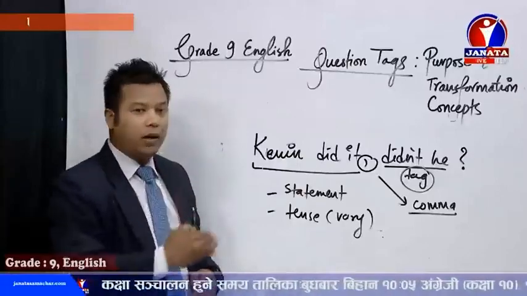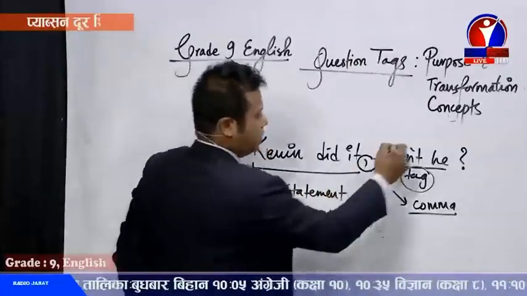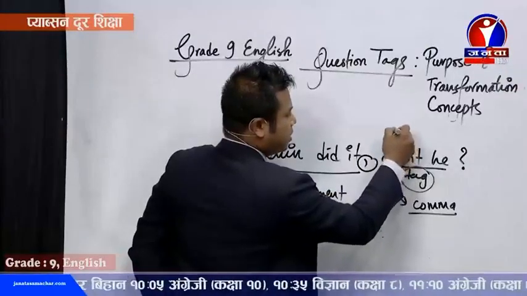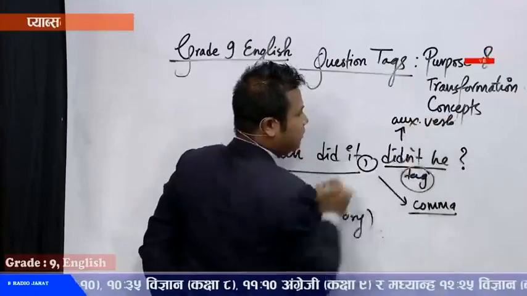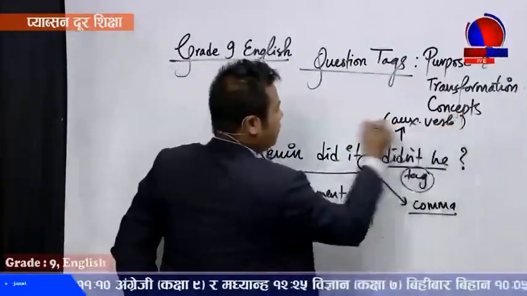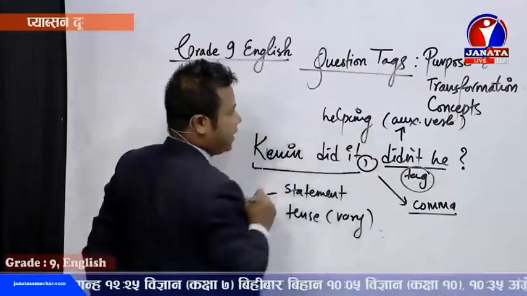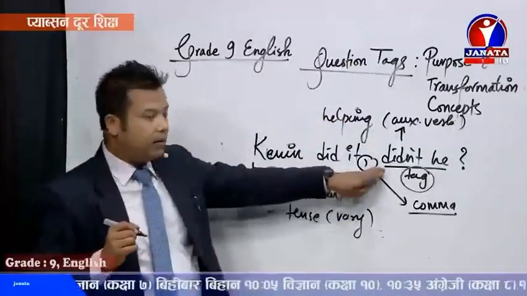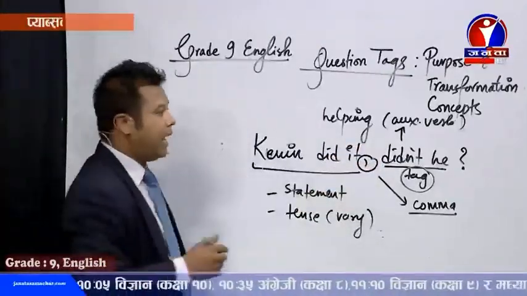We will be exploring them too. But in a tag, what do you need to notice? You first need to notice we always use an auxiliary verb. Or you can call this auxiliary verb the helping verb. See, I'm drawing the ideas here. So you will require an auxiliary verb or a helping verb to construct a tag.